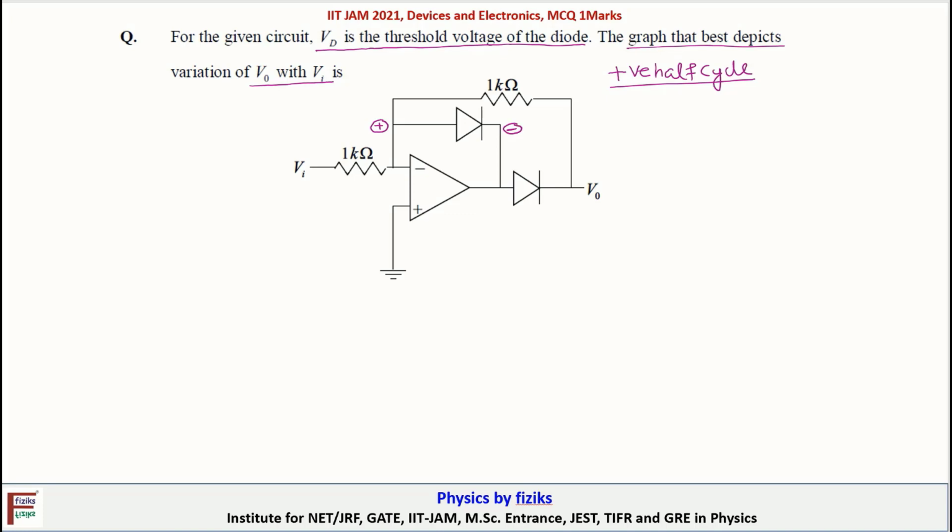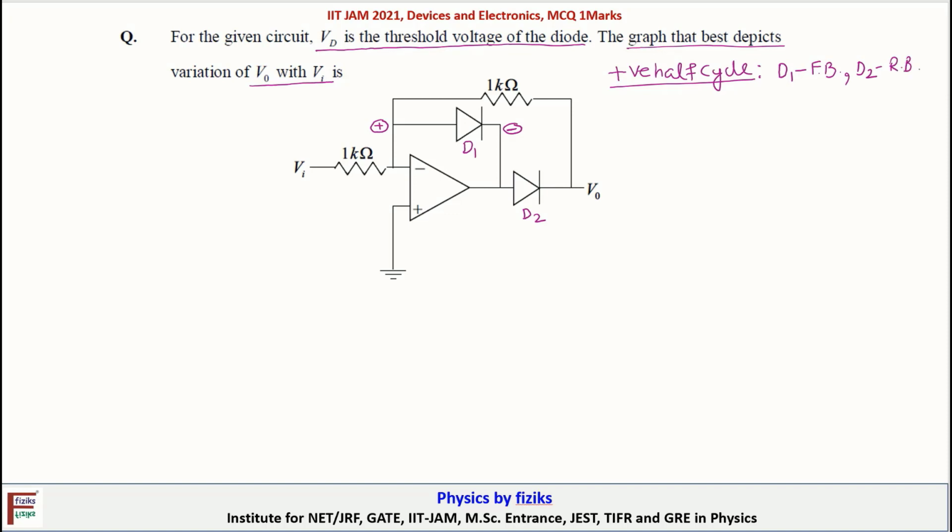In this case, let's assume this is D1 and this is D2. If you see the condition, D1 is forward biased and D2 will be reverse biased.